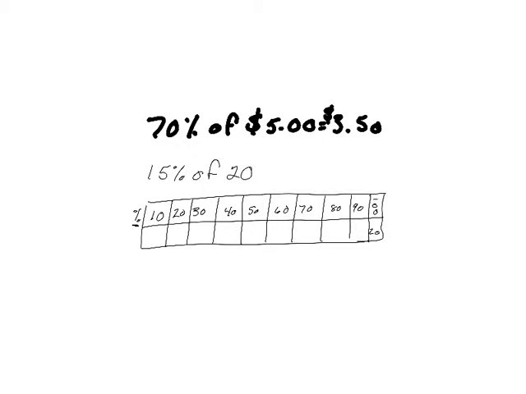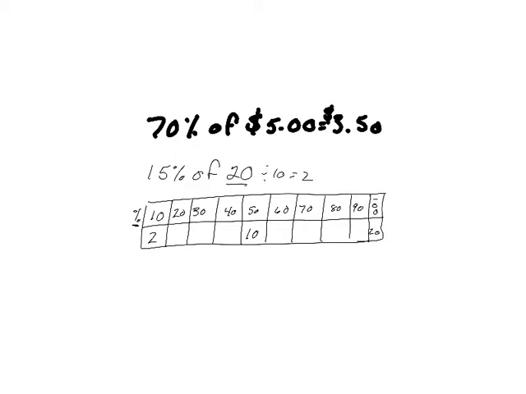All right, so we know that if 20 is 100%, well, half of 20, or 50%, would have to be 10. And 10% of 20 is just going to be 20 divided by 10, which would equal 2. So that means that we have 2 over here.